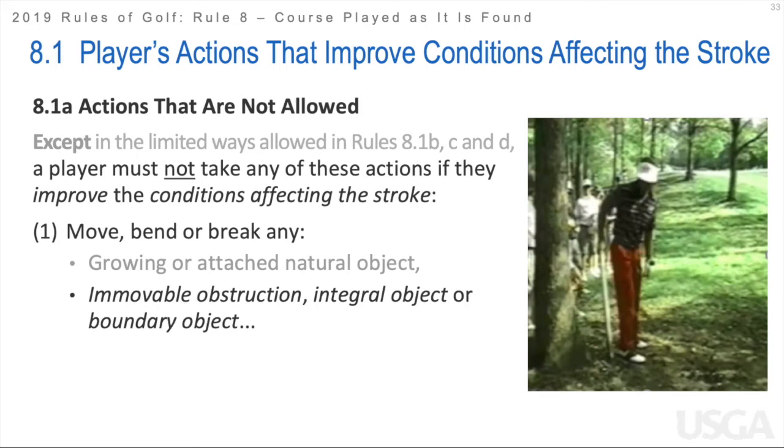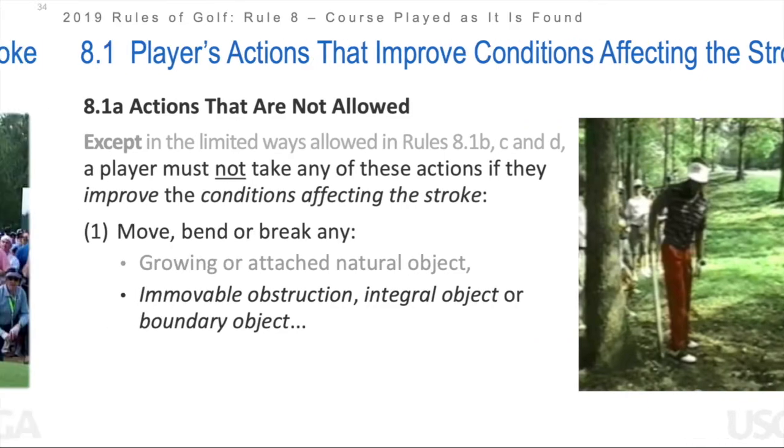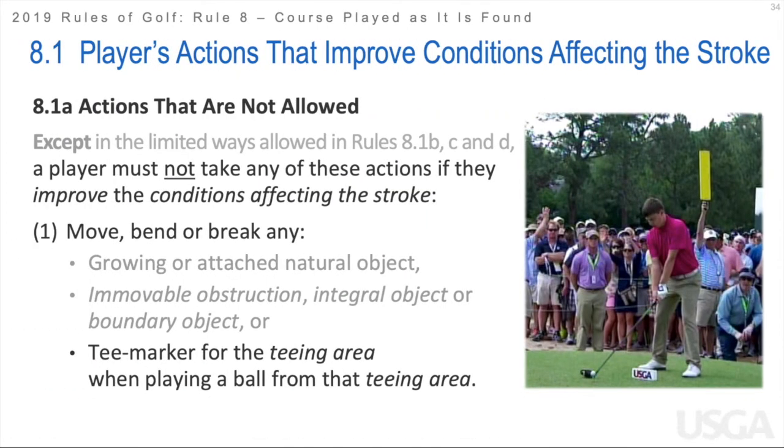Chip Beck, I believe it is, moves a white stake and then realizes he shouldn't have done that. I don't have a video of it, but that's kind of what's happening in that picture. And that is a penalty situation, because the removal of that boundary object resulted in an improvement for his area of intended swing, and also his area of intended stance, I believe.